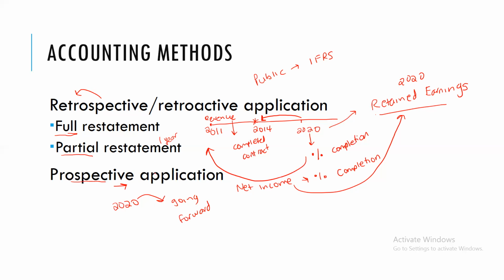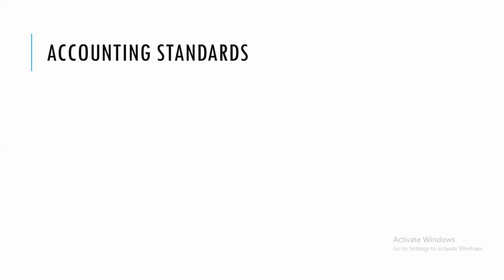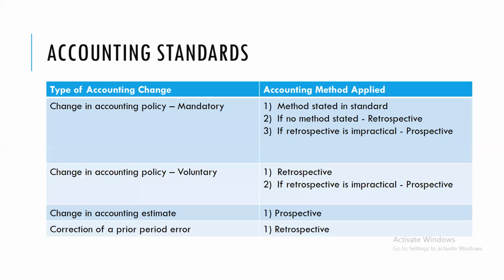Okay, so those are the different types of accounting methods you would use, and then we'll match them up to the changes. So if there's a change in accounting policy and it's a mandatory change, so we said going from LIFO to either FIFO or weighted average, the other big one is going from GAAP standards to IFRS. So those are mandatory changes that companies had to make.